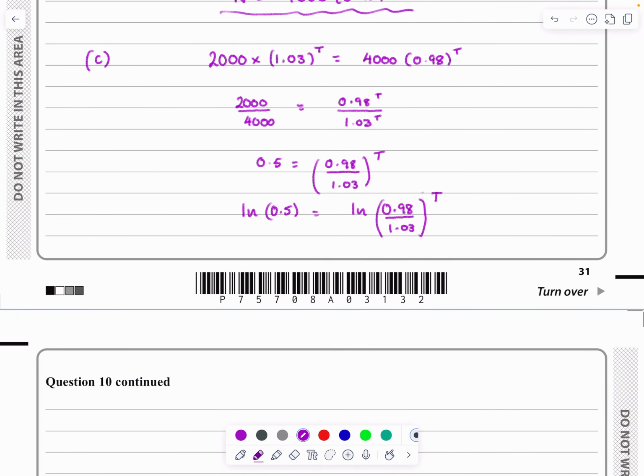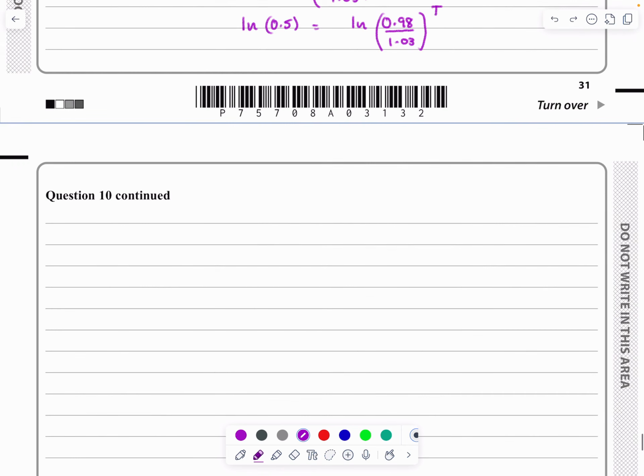Why am I doing that? Because my next step using log rules is I can take that t down, can't I? So that's the whole point of doing that. For the next step, we get log 0.5 is equal to t log 0.98 over 1.03, and so we can work out what t is. T is one of those divided by the other one.